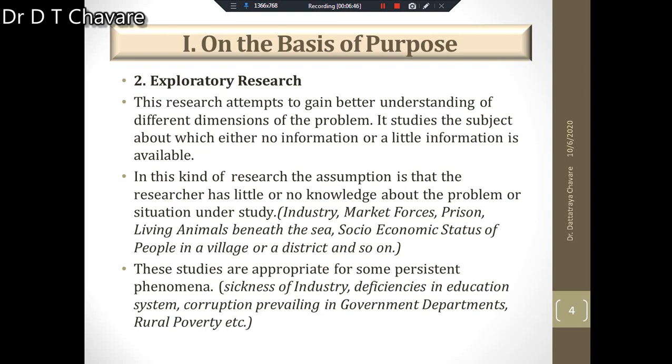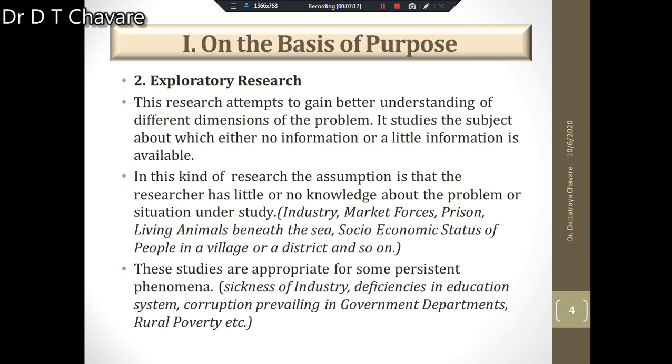For example, industry, market forces, prison, living animals beneath the sea, socio-economic status of people in a village or a district, and so on. These are some examples of the research.